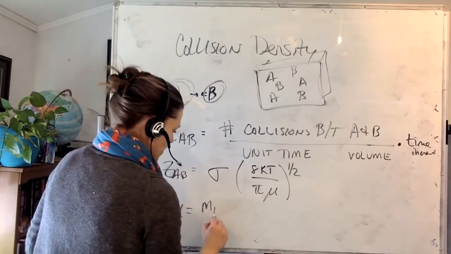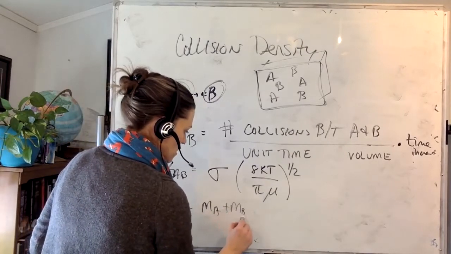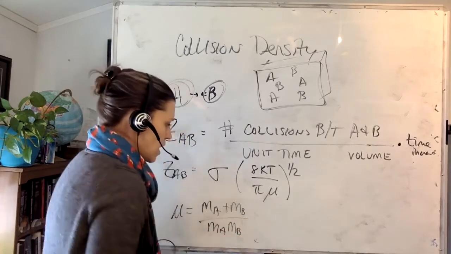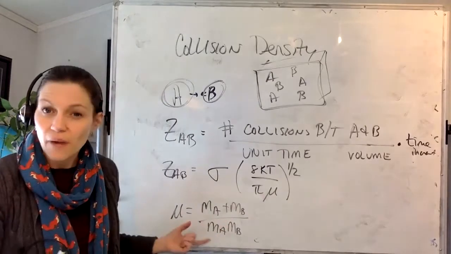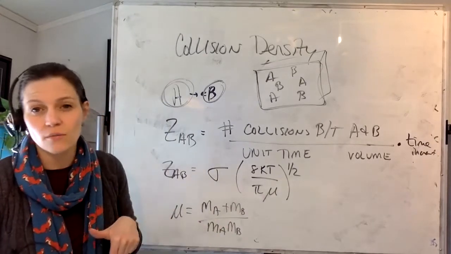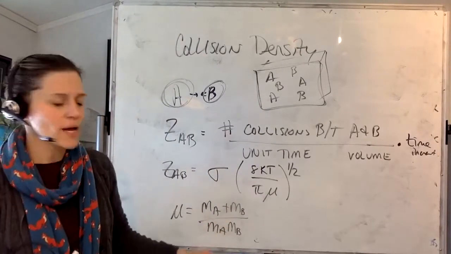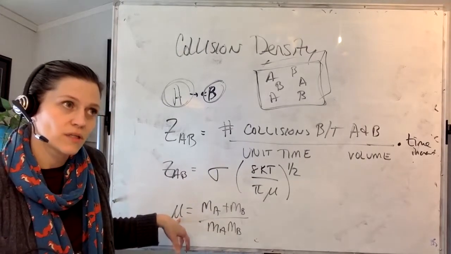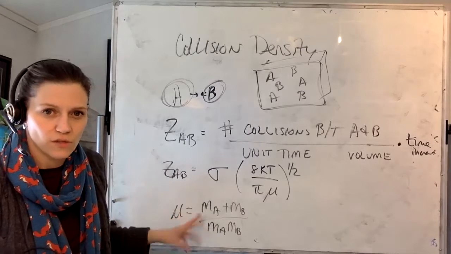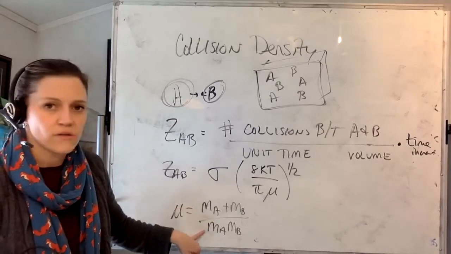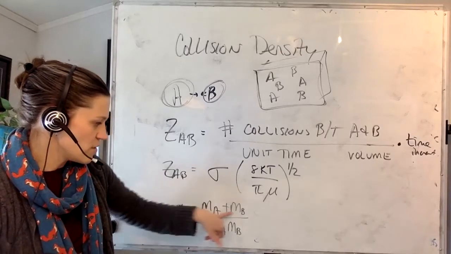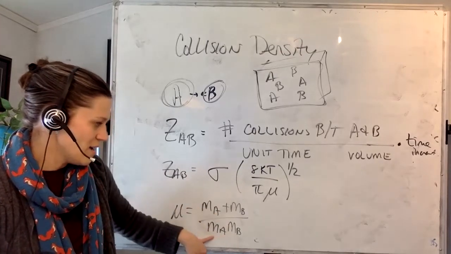So this is the mass of A plus the mass of B divided by the mass of A times the mass of B. And so you may have seen reduced mass before if you took my quantum class. If not, welcome to the reduced mass. The units of this are going to be in mass. And so a lot of times my students will forget which one goes on top, the added or the product. But if you think about it, those are going to have the same units. That's going to be mass squared.